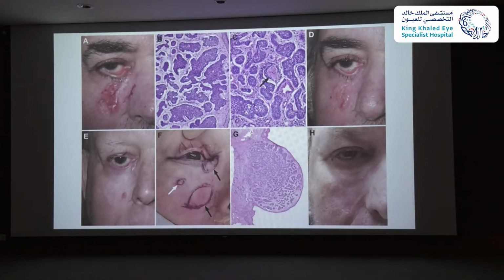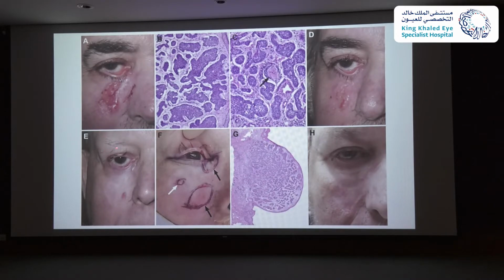This is an example of 1 patient with advanced basal cell carcinoma involving the lower eyelid. And you can see here, after 1 month only of treatment. And you can see here the side effect that became visible at 10 months of treatment.